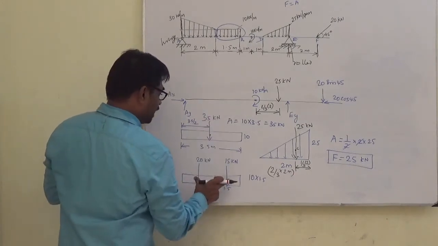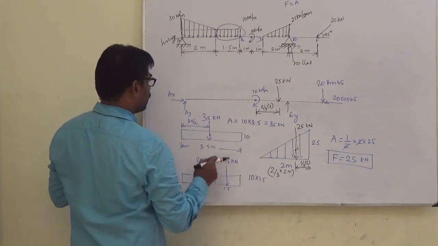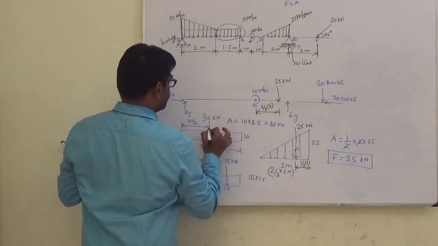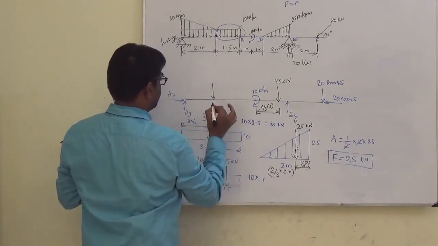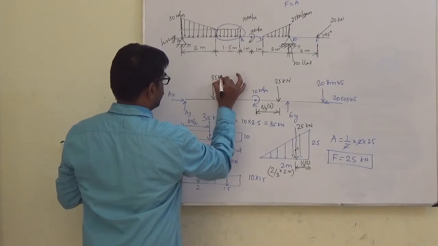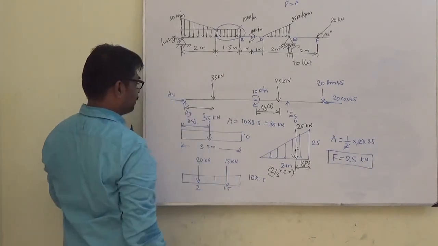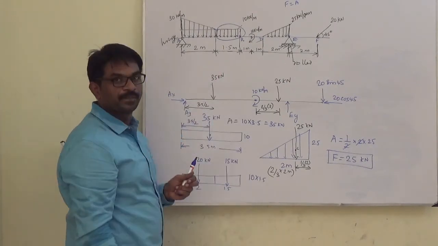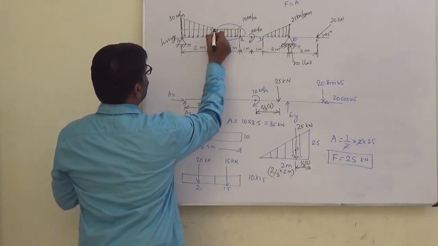So I can place two forces here at the appropriate location, or the single force I can use here. If I am using only the single force, it will be approximately here 35 kilonewton, and the perpendicular distance is 3.5 by 2.